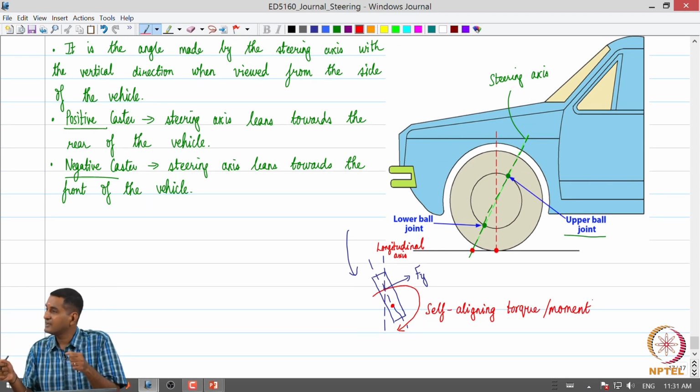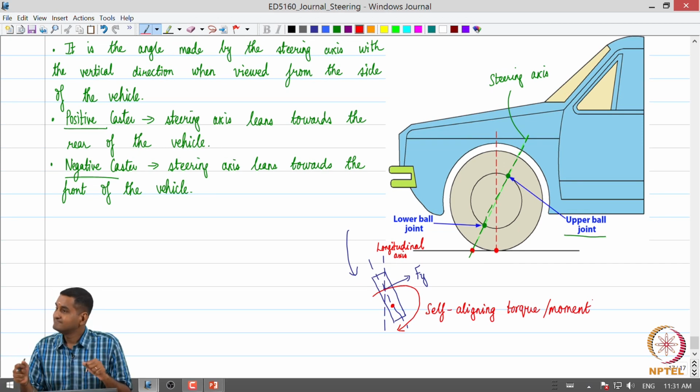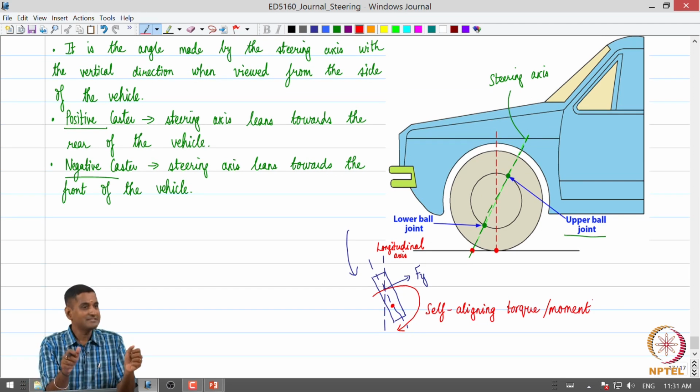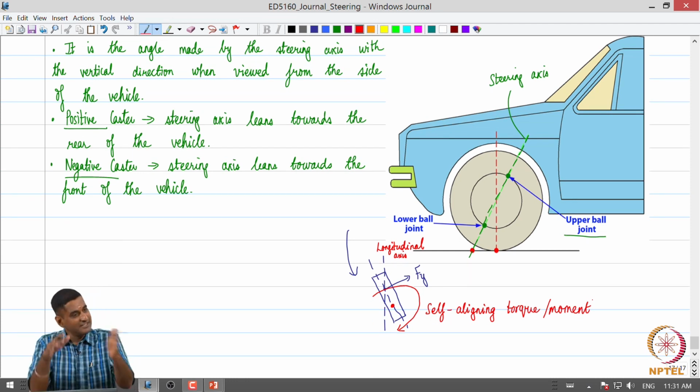When we steer a car and take a turn, and now we want to come to the straight ahead path, what do we do? Do we turn the steering wheel back to the center? No. We just release our grip from the steering wheel, we start accelerating, and the self aligning moment will ensure that the steering wheel comes back to its centered position.